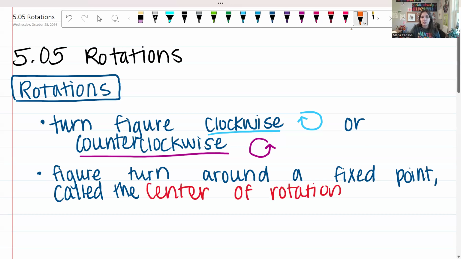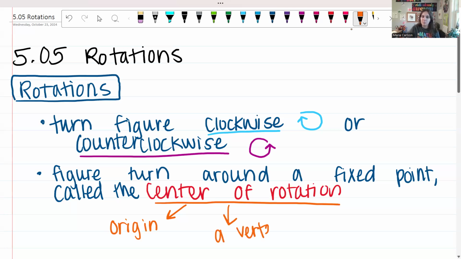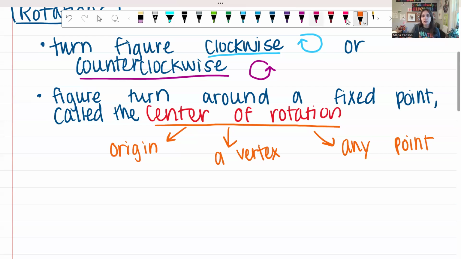So the center of rotation, this can be anything. It could be the origin. It could be a vertex in the shape. It could be any point. Think of it as the point that it is spinning around. I like to think of it, if it's a vertex on your shape, you're holding the shape down at that vertex and you're spinning it around. Okay. So they turn around a fixed point called the center of rotation.